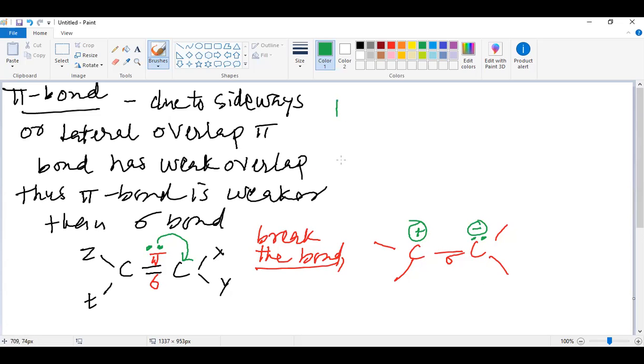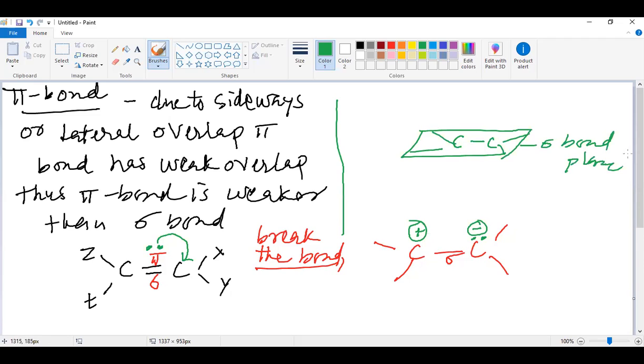Then the next thing we need to learn about the pi bond is this. Let us say this is the sigma bond plane. You are well aware that the electron cloud of the pi bond is available here.